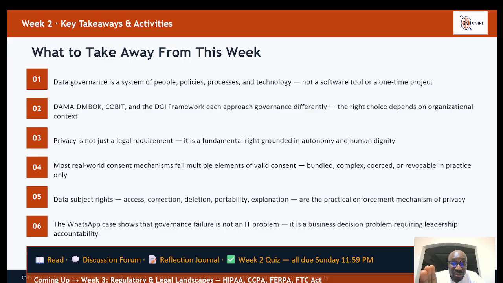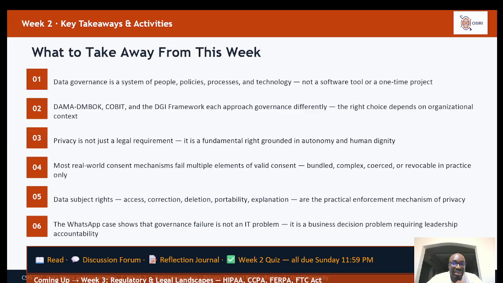That is a common misconception, that when we are talking about data governance, people simply call on the software developers, give us the tool. No, data governance starts from people, policies, processes, and technology. We have several frameworks that approach data governance differently. The right choice depends on the context being used by the organization.